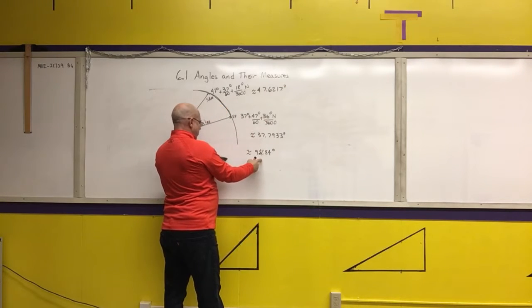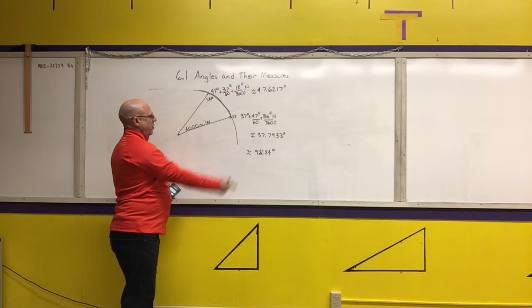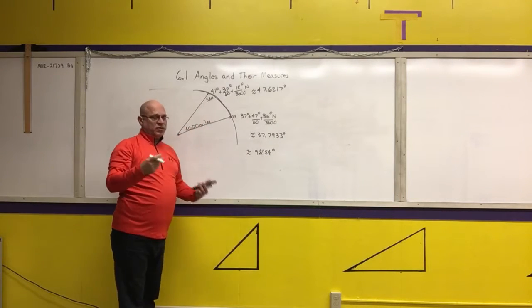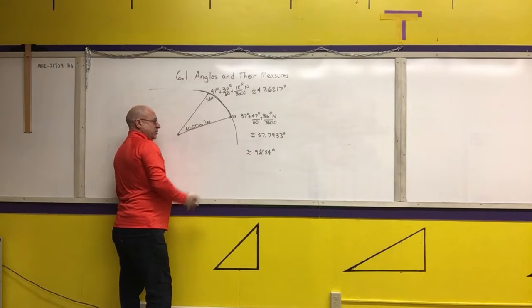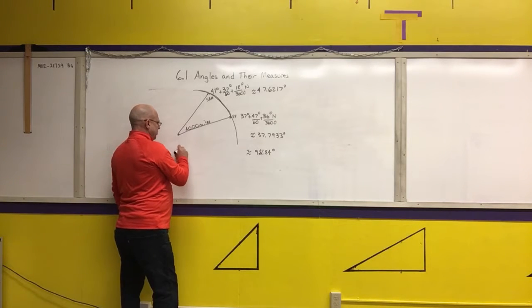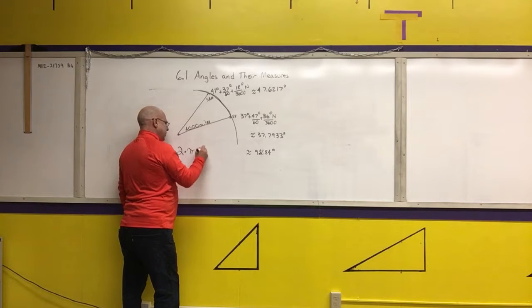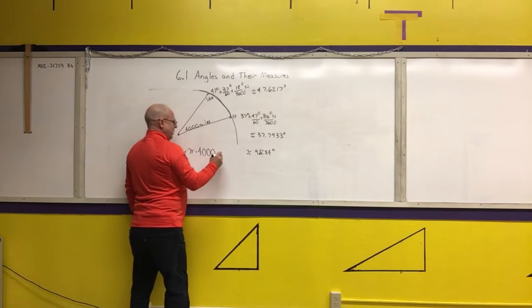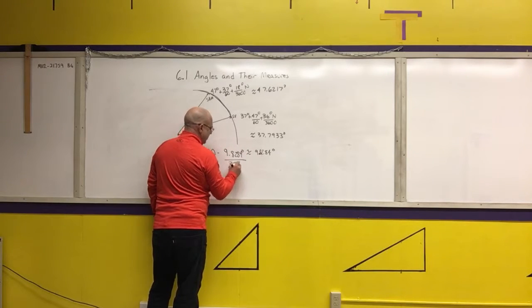So 9.8284 degrees. Well, I want to know how far apart they are. Well, it's S equals R theta. Well, I'm not in radians, so I can convert it to radians and use that formula. Or I can know that it's 2 times pi times the radius times how far I went around out of a whole circle.